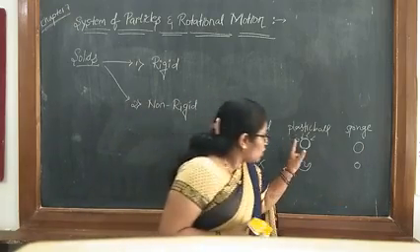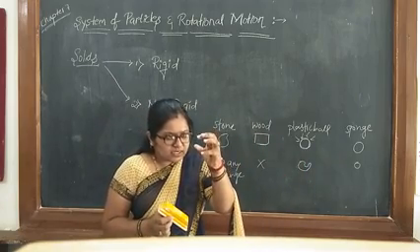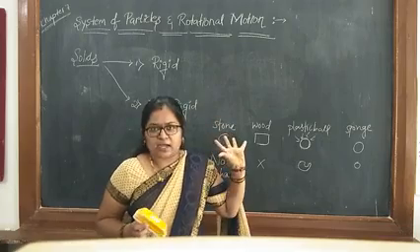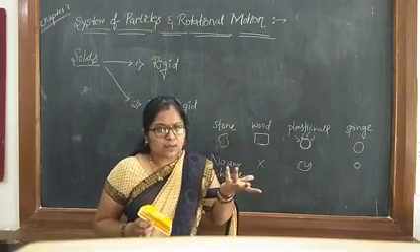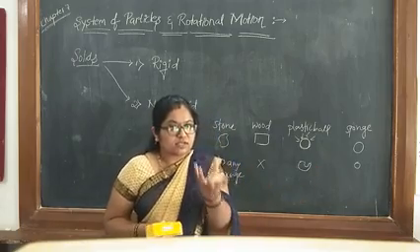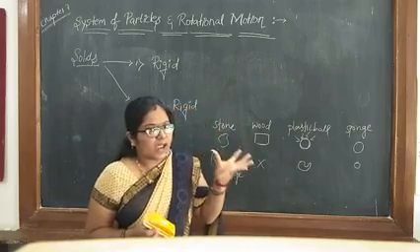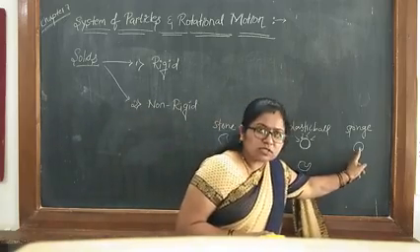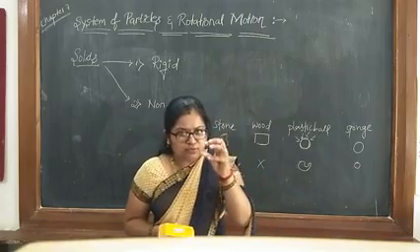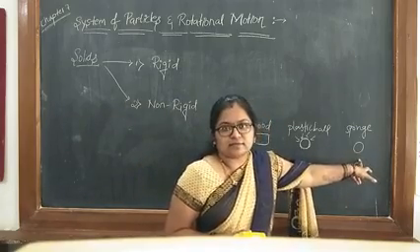Now on this plastic ball, you have applied force, and you remove your hand. What happened? After applying the force, whatever shape you have got, the same remains even if you remove your hands. But on the sponge ball, if you apply force and remove it, it comes back again, isn't it?